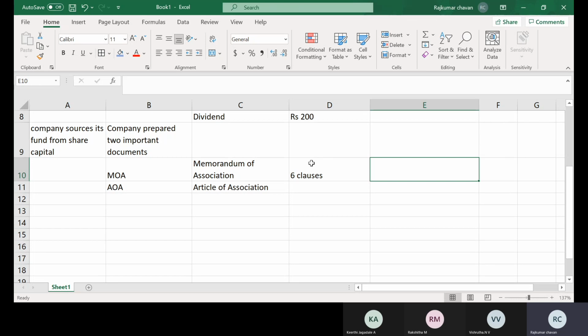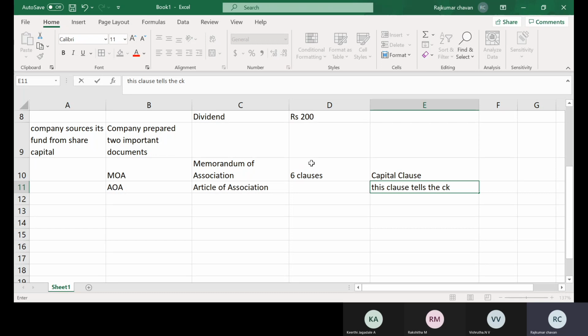Under the 6 clauses, there is one clause called the capital clause. This clause tells the company how much money can be raised through the share capital.